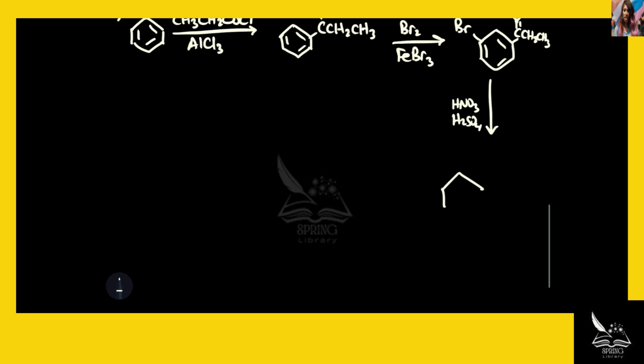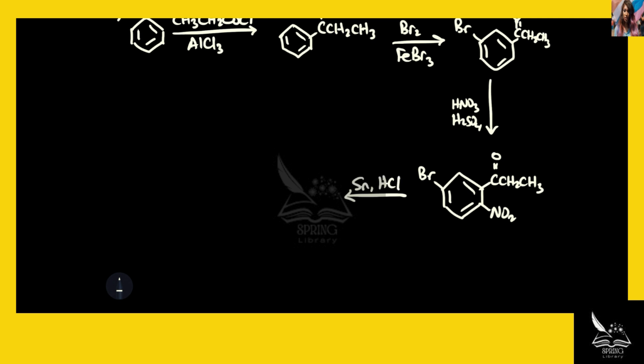And this will produce NO2 added on there, C double bond O, CH2CH3, we have bromine there. And then in the presence of tin and HCl, we'll get our desired compound here. This will be NH2, C double bond O, CH2, CH3, and Br.